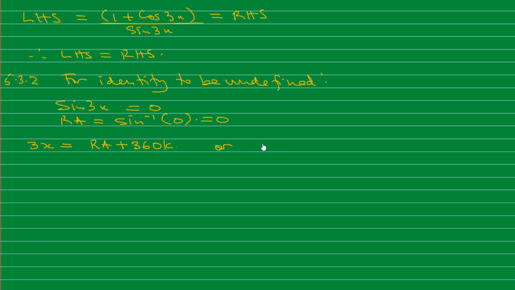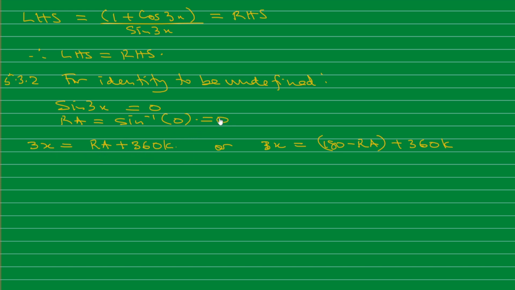Or 3x is equal to 180 minus the reference angle plus 360k, where k is an integer. So these are the two parts that define the general solution of a sine function.